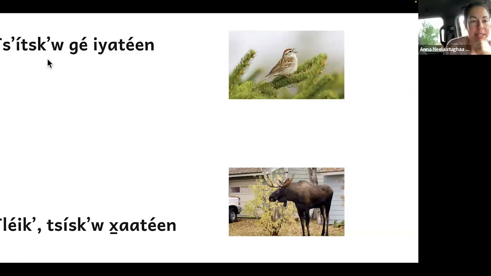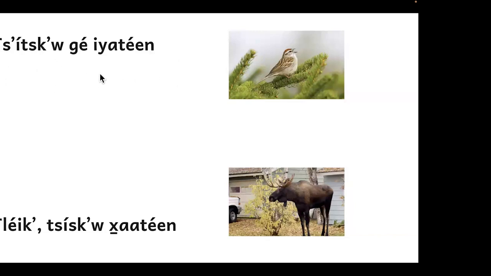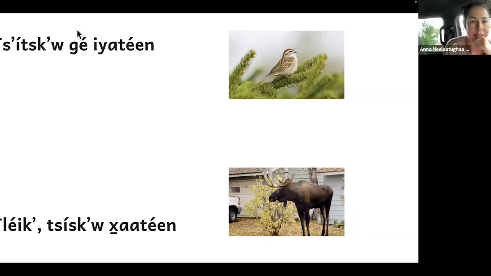So I said, do you see a small bird? And what part of this makes it a yes or no question? The ge. Yeah, with this ge in the middle makes it a yes or no question. So if you took out the ge, I'd be making a statement. You see a small bird. Adding the ge in there should tell you, oh, I'm being asked if I see a bird. And then what did you guys say down here in English?